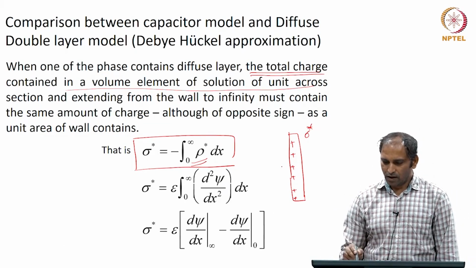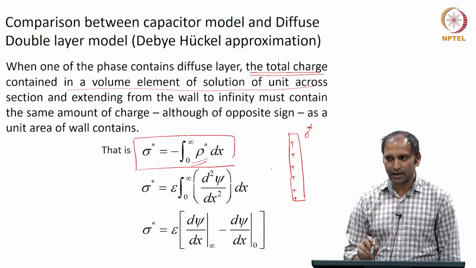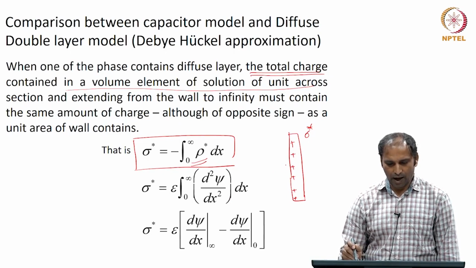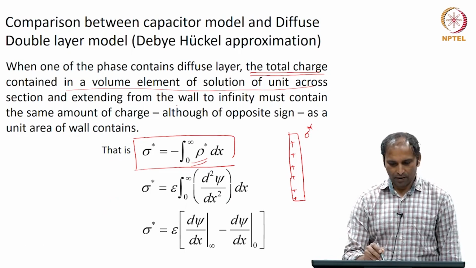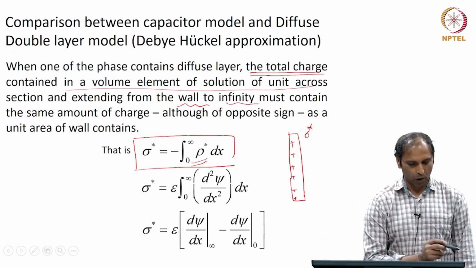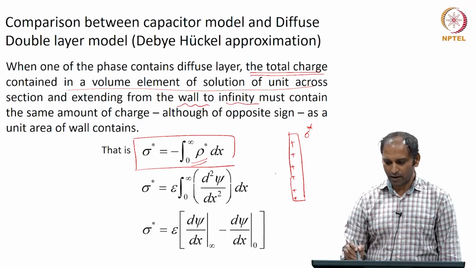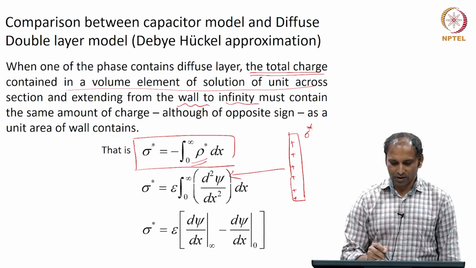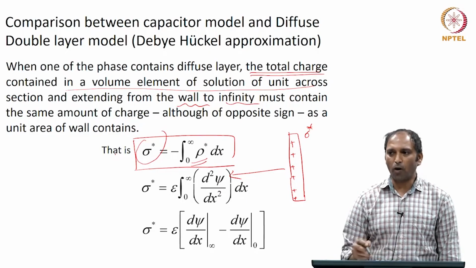Then I consider the total charge that is contained in a volume element, and I am going to count all the ions that are present from the wall to an infinite distance away from the wall. The total charge determined in that way must be exactly equal to the charges on the particle surface. However, they should be opposite in sign.